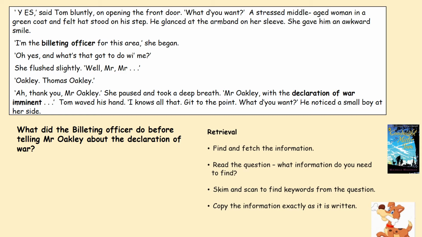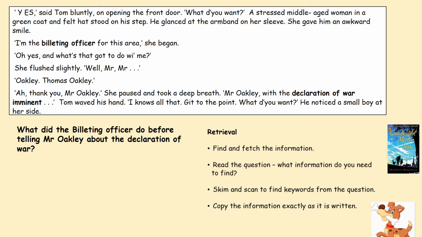As we go through these 2 different extracts, we're going to look at our 2 key skills: first of all retrieval, and then we'll be moving on to some inference. As I read through, I'll be doing a little teacher talk aloud and doing a little bit of inference myself, just to model to you guys.